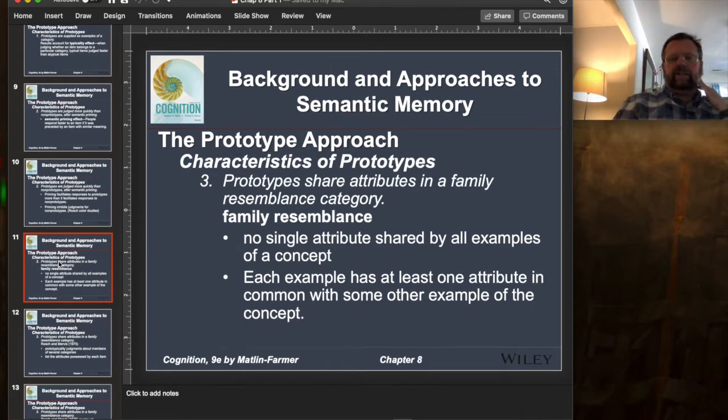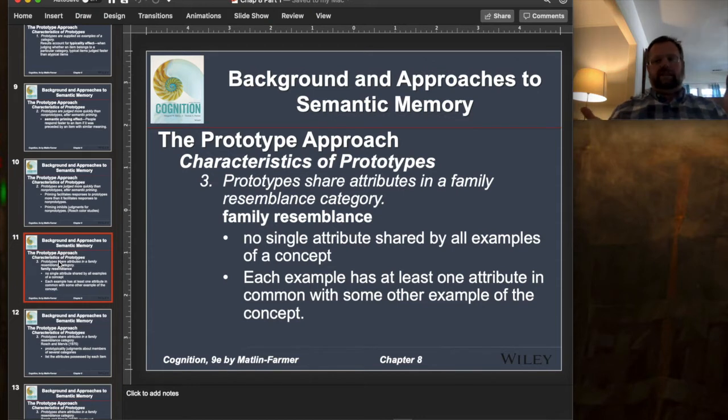Prototypes also tend to share certain attributes in what's called a family resemblance of a category. With family resemblance, there are several different attributes that are shared within a category, but there's no one single attribute that's shared by all examples of a concept.